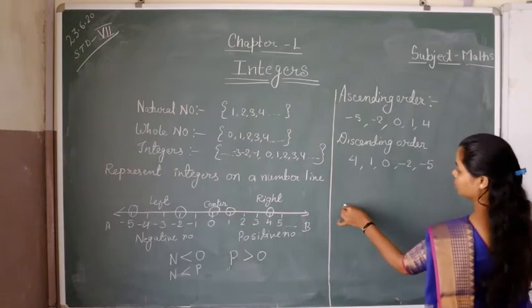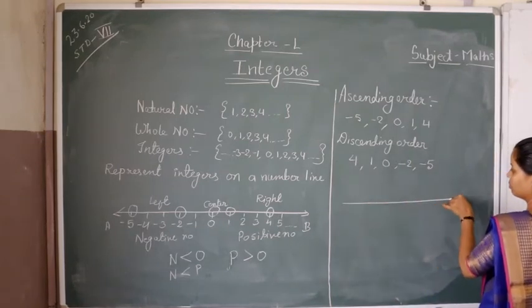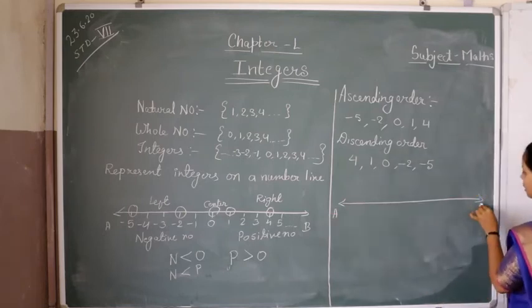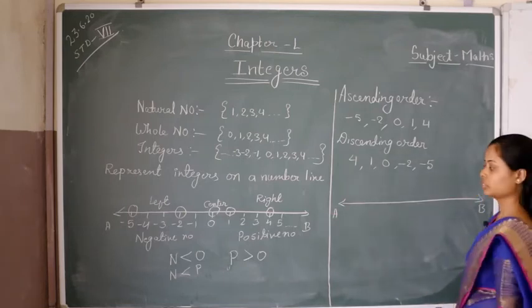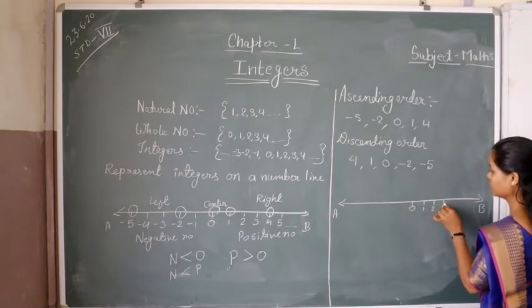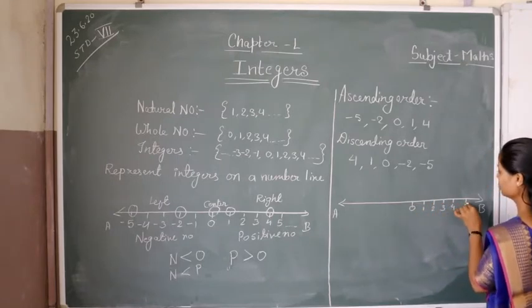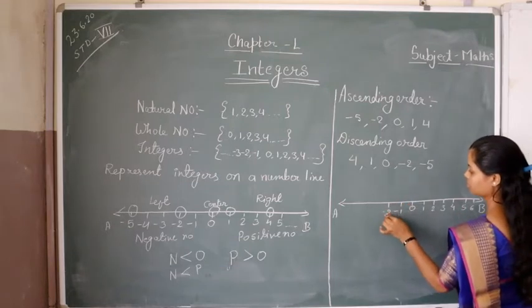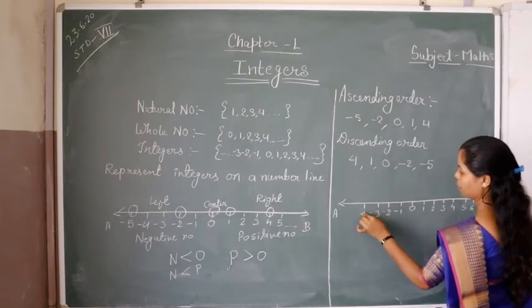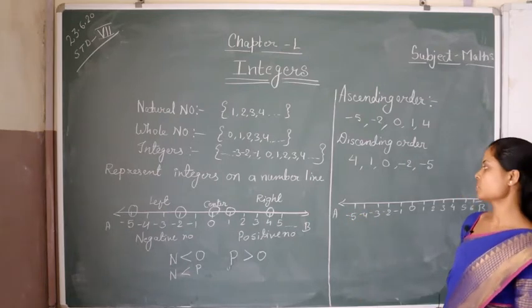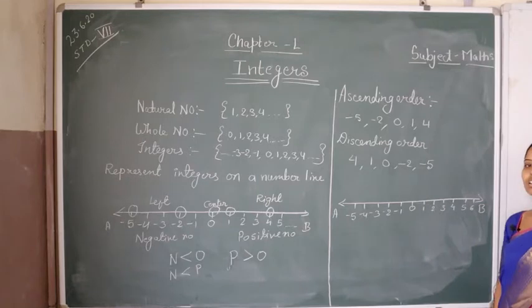Now we will draw another number line AB, and mark positive and negative integers here. And then learn some statements according to this.